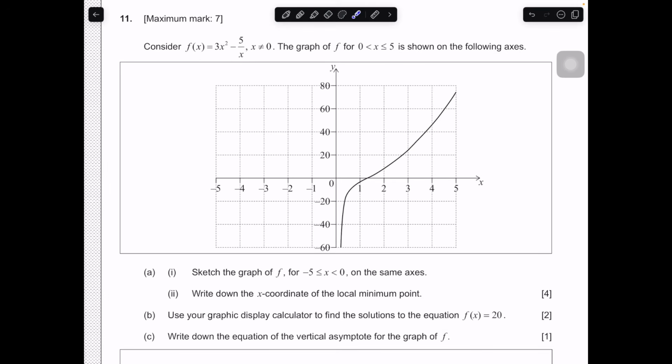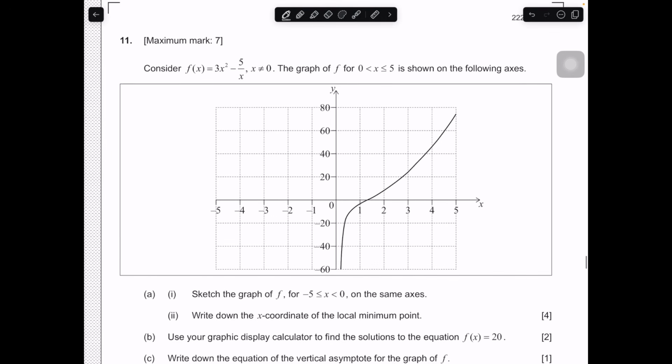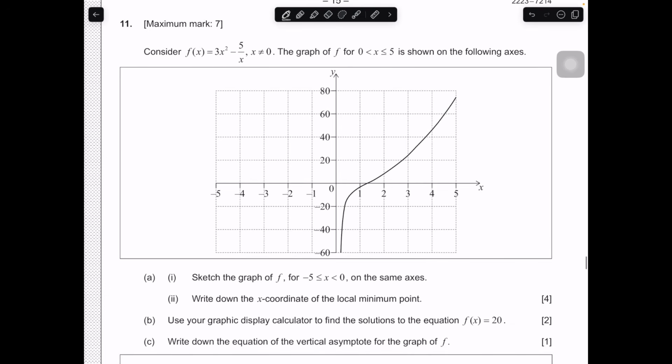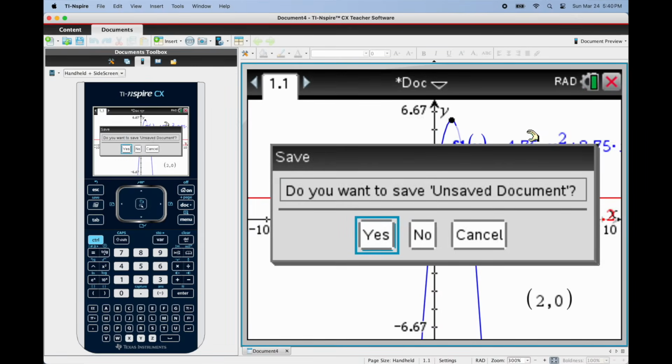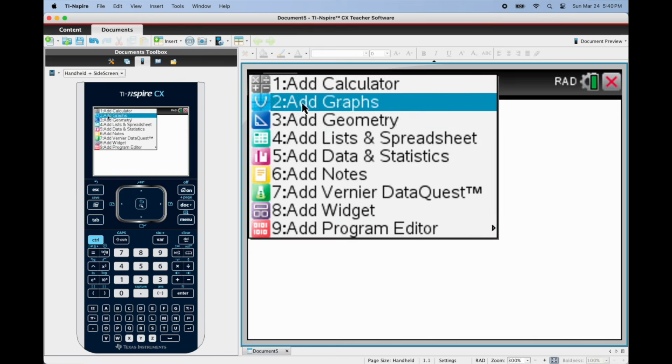So let's go ahead and work this out. This one is going to require a little familiarity with the graphing window. So let's put this function into the calculator. Let's get a new document, and let's get a graph.